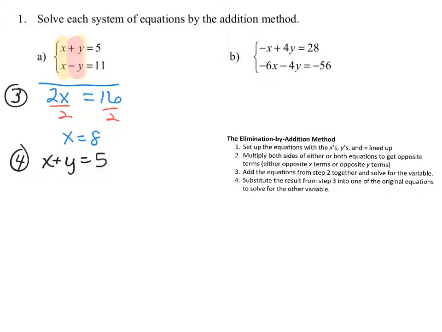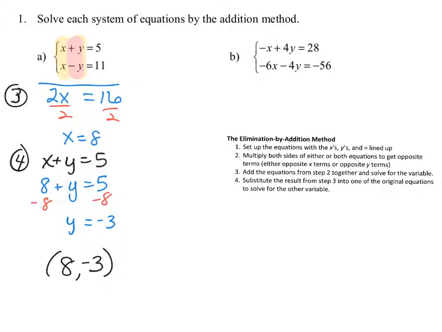I'm going to replace the x that we found in step number 3 with 8. So 8 plus y is equal to 5. And then by subtracting 8 from both sides of the equation, we get y is equal to negative 3. So the solution to the system of equations is x comma y, or 8 comma negative 3.